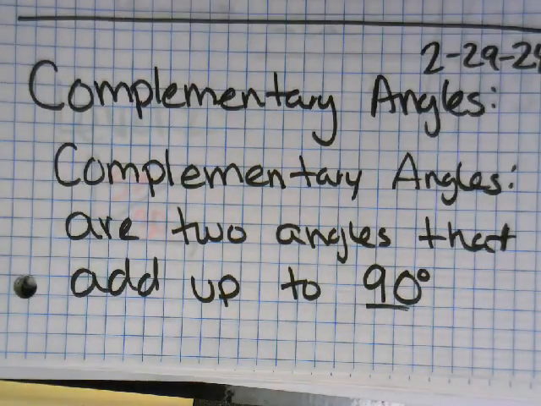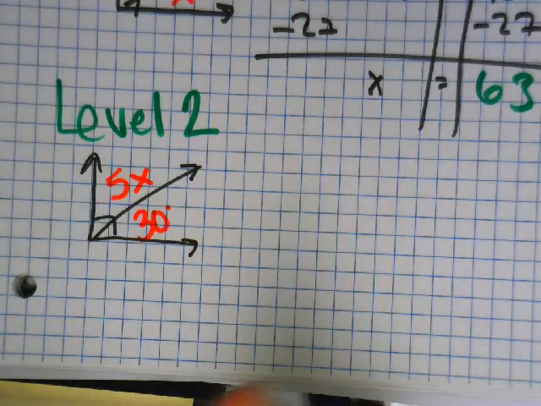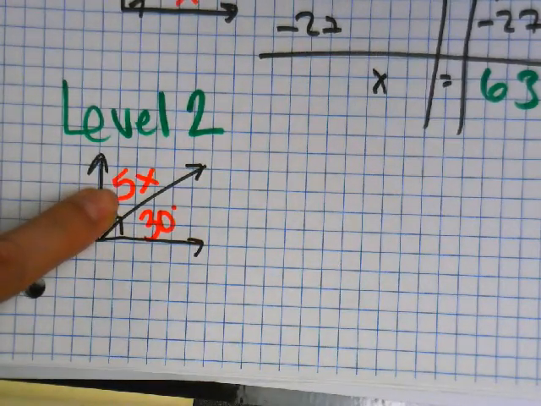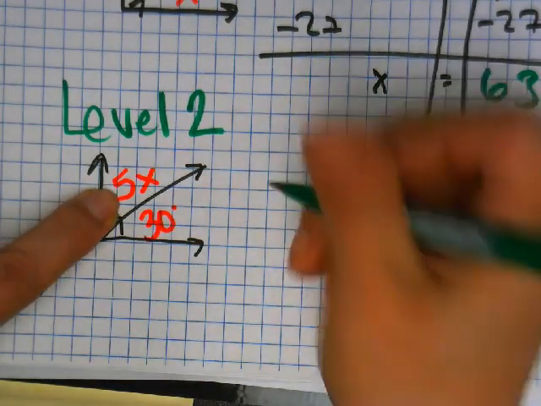So what equation would you write down first? You're given that information. 5x plus 30. Whatever this says, write it down.